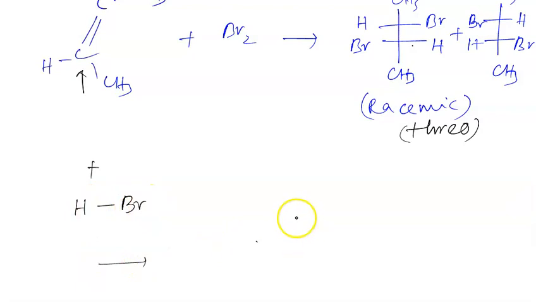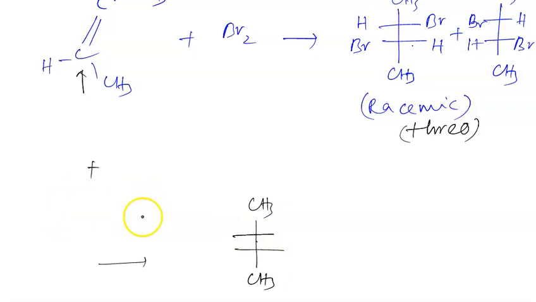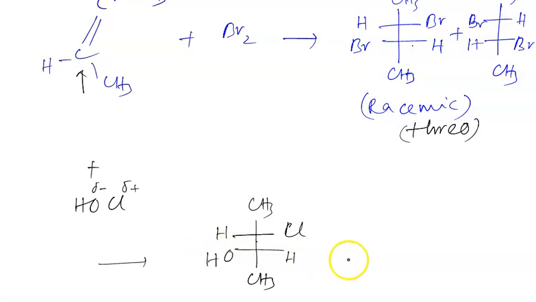Let us not take HBr because one chiral center will become achiral. So again let us take HOCl. So Cl minus plus OH plus. So here hydrogen, hydrogen anti-addition. So one side will be Cl and the other side will be OH.